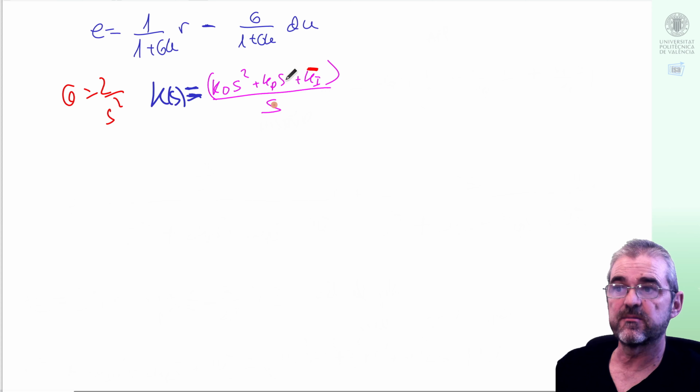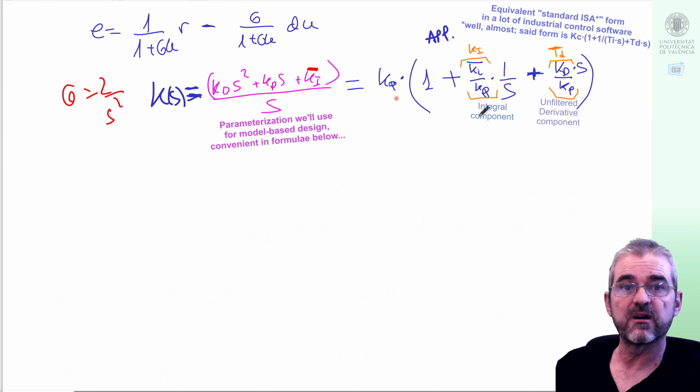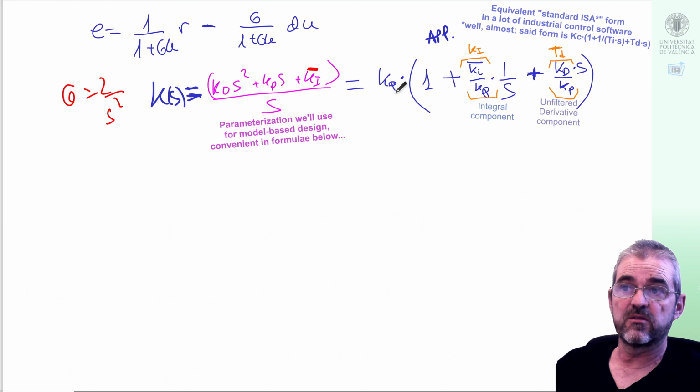This is a PID. We will use the pink parameterization in design because maybe you are used to seeing the PID as in this blue parameterization. This is in fact the ideal form in Matlab, the one we will use in my simulation application. It's just dividing by s and extracting Kp as a common factor.